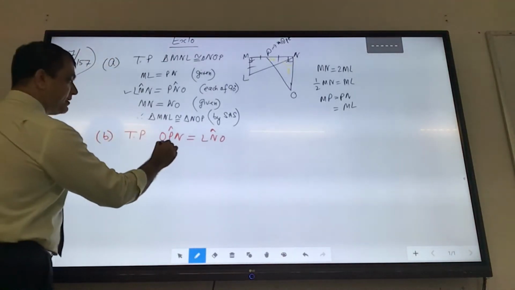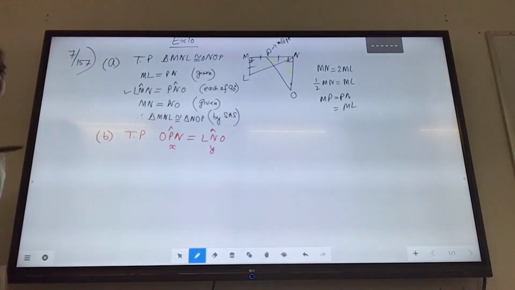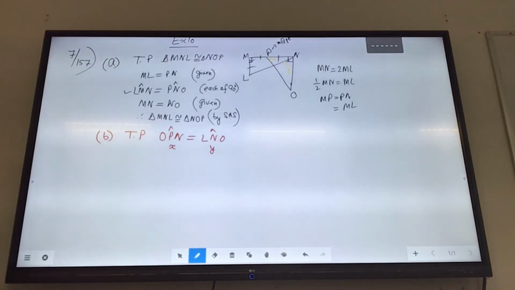OPN I'm calling X, LOP I'm calling Y. So the target is to prove X equal to Y. Clear?